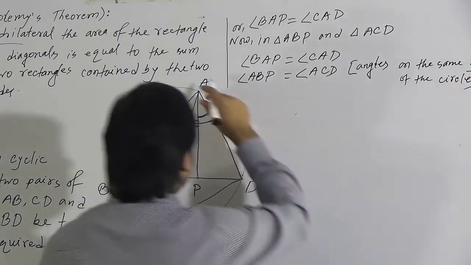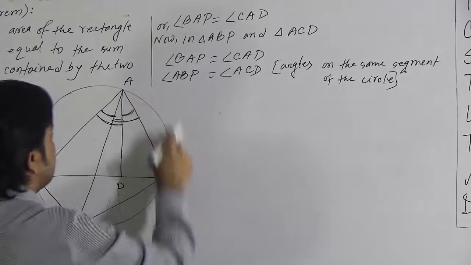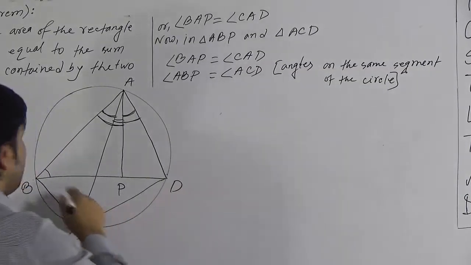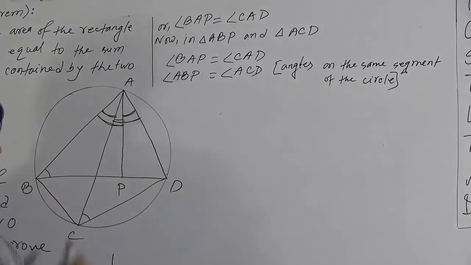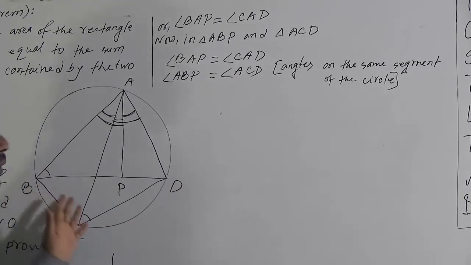Here the same segment is AD. AD is the same segment. So you know that the angles lying on the same segment of a circle are equal. So these two angles are equal.